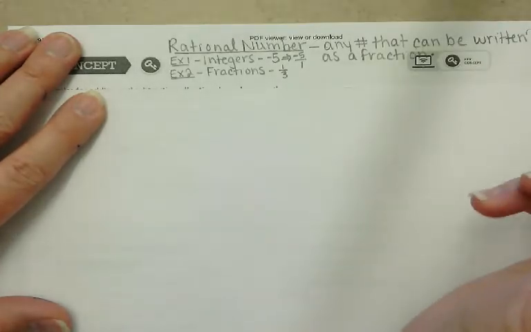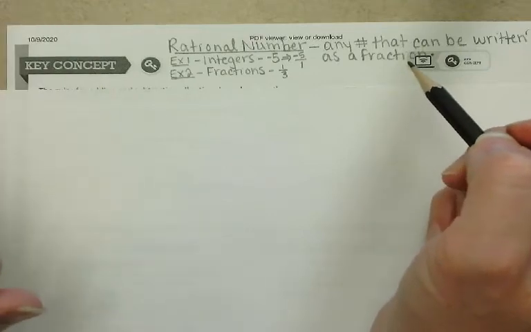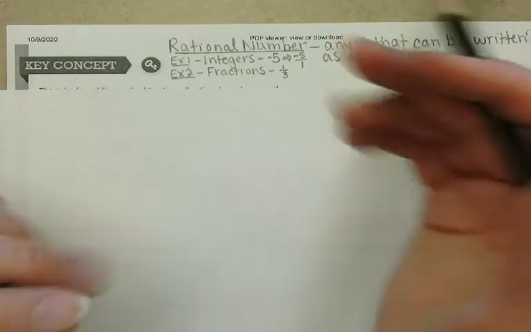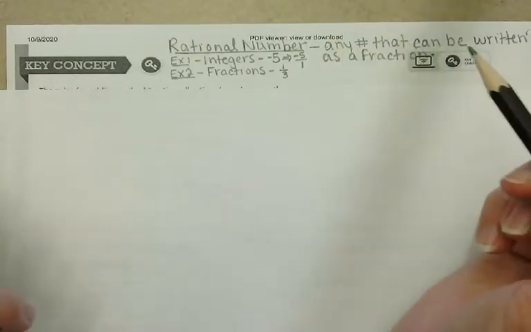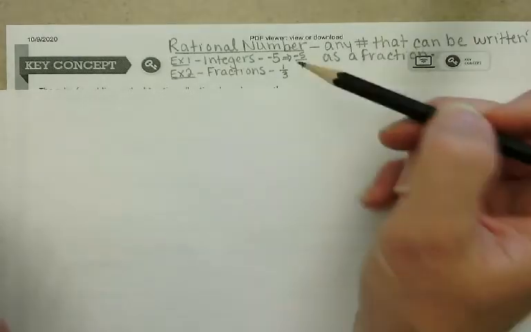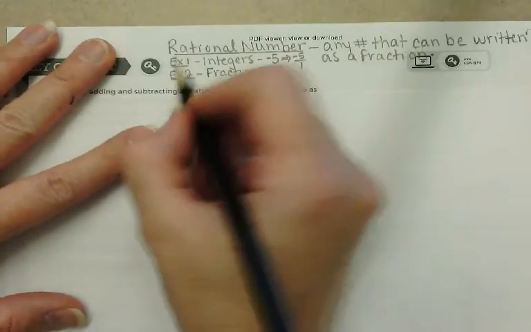So that is rational. A mixed or a complex fraction like 1/3 over 1/5 can still be written as a fraction. We'll get into those more complex types of fractions in, I believe, Unit 2. But again, that would be rational.